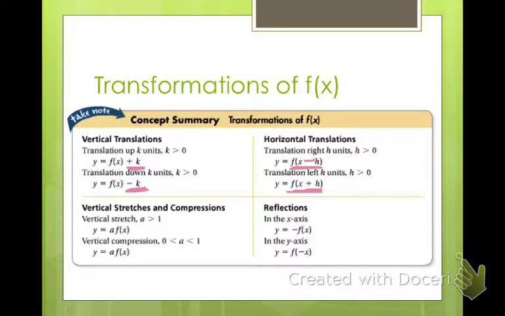So right has a negative, left has a positive. And then stretches and compressions are just multiplied by some constant in front. And then reflect across the x-axis makes the whole function negative, and reflect across the y-axis just makes each x value itself be negative, not the whole thing.